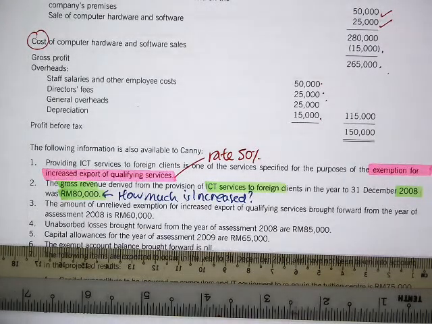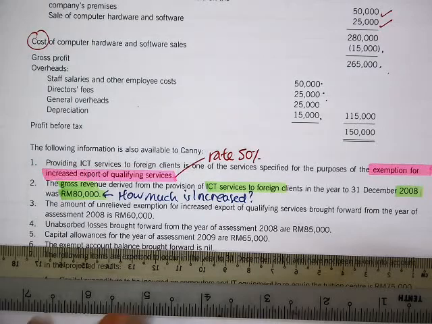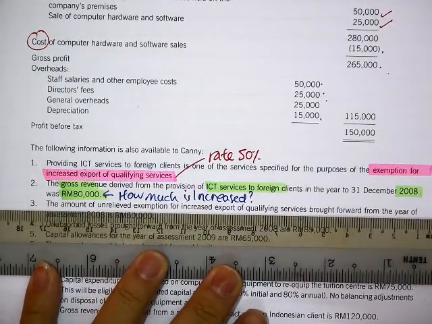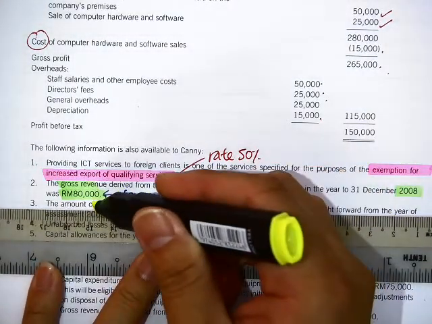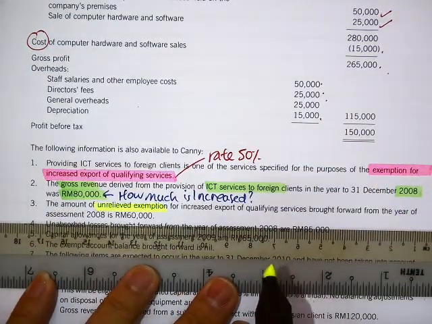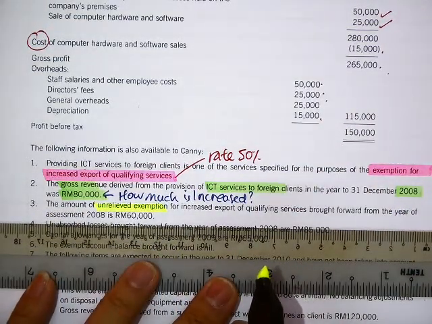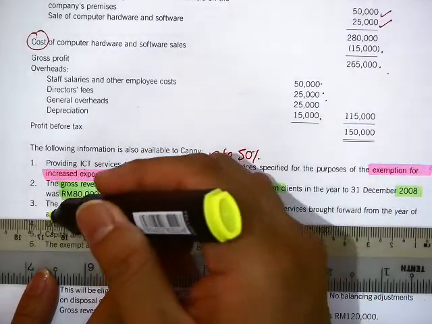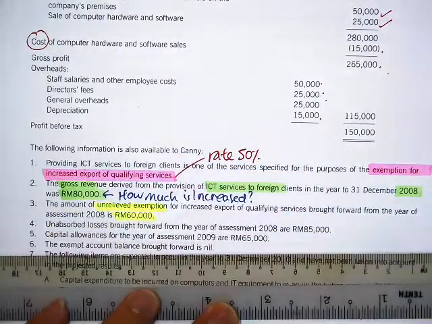Okay, the amount of unrelieved exemption for increased export of qualifying services, meaning the unabsorbed export allowance, correct? From year of assessment 2008 is 80,000.